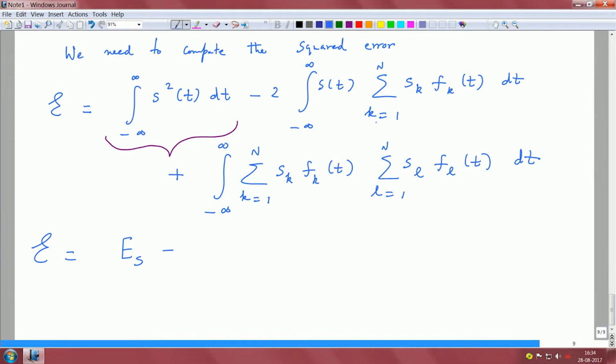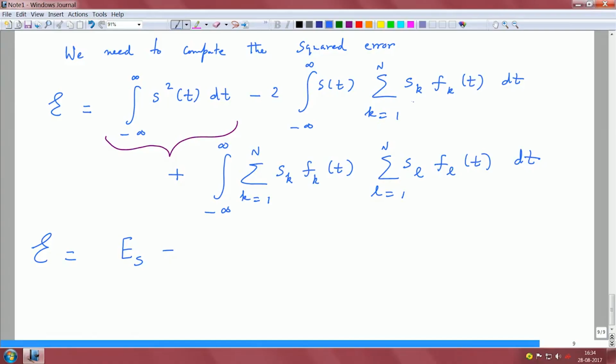There is Tonelli's theorem, which basically gives you a condition for how you could exchange these double sums, etc., from analysis. So, assuming such an exchange is possible, what we have to think about is the sum k equals 1 to n of sk, and the projection of the signal s(t) with fk(t), summed for all the components k equals 1 to n.